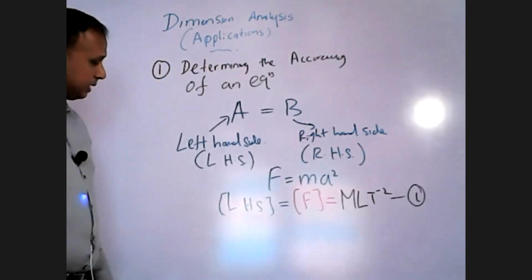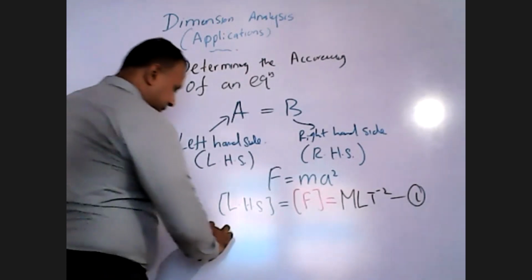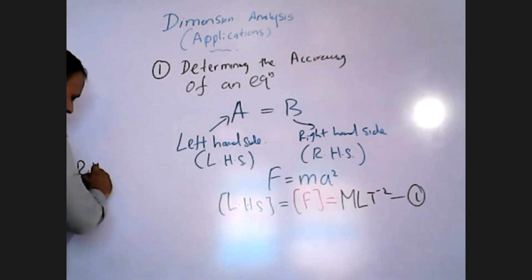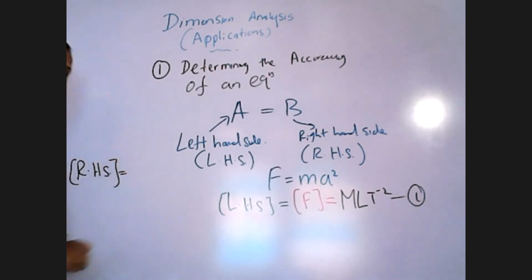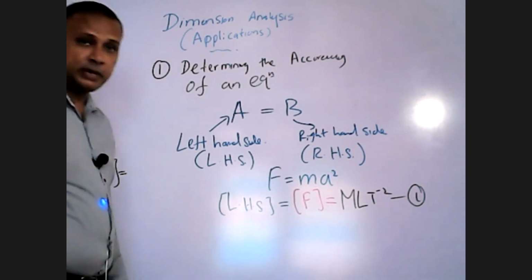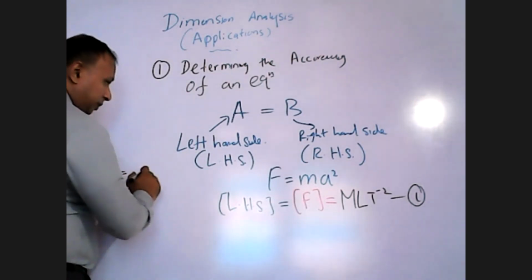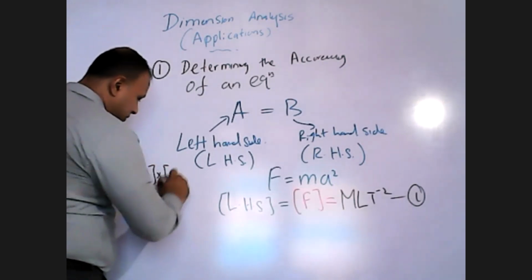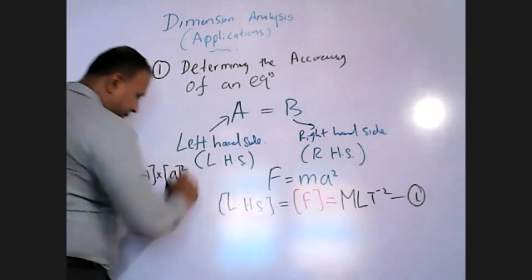That is one. Then we can determine the dimension of RHS. That is equal to the dimension of m into the dimension of a squared.